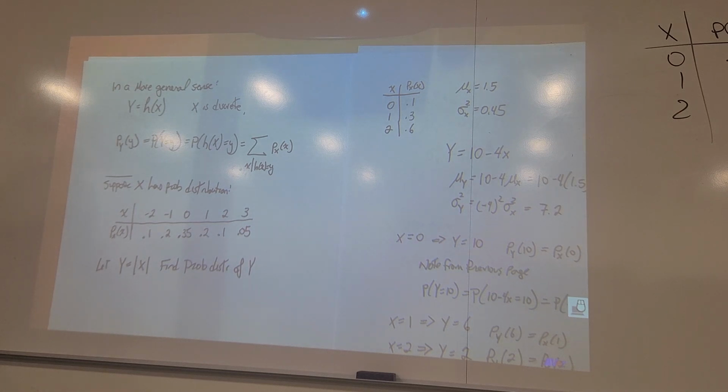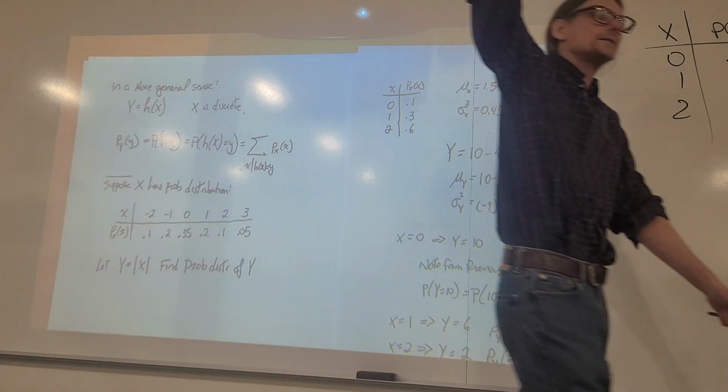Now, first off, what values can y take on? If x is discrete and y is the absolute value of x, is y discrete?